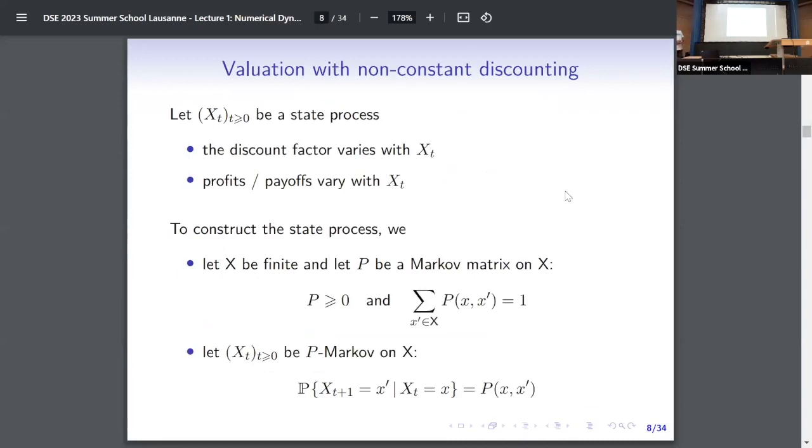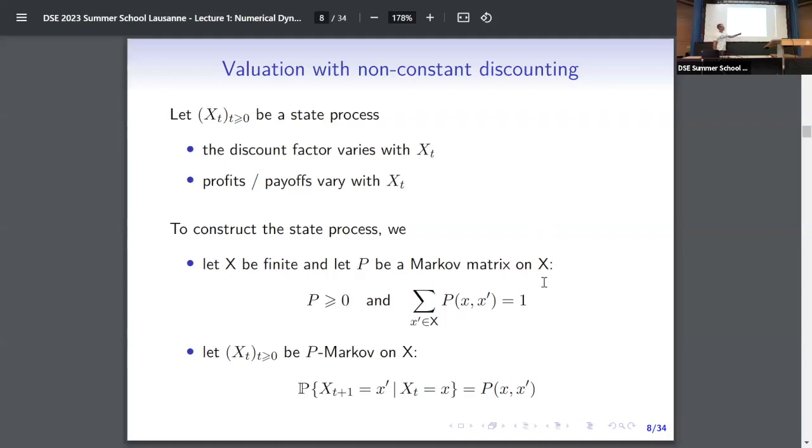Okay, so the way I'll do it, let's take a state process. It's just some stochastic process which is going to be driving uncertainty in the model. And I'm going to assume that it's a Markov chain. It's going to affect the discount factor, and it's also going to affect things like profits, revenue. So I'll introduce a Markov matrix on the state space. So X is the state space.